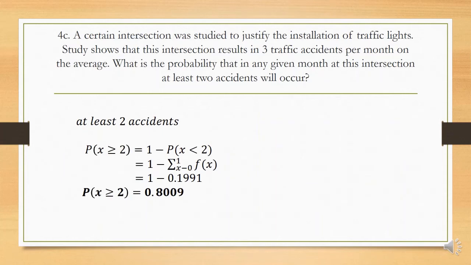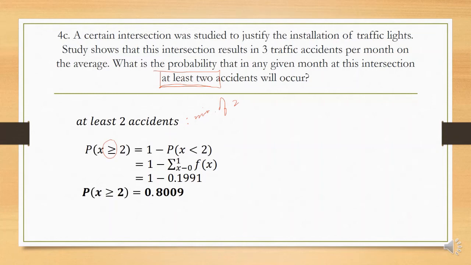Moving on with the next one. So, the same problem. Ang hinahanap natin ngayon ay at least 2 accidents. So, for at least 2, this means that we have a minimum of 2 accidents. So, the notation will be greater than or equal to 2.